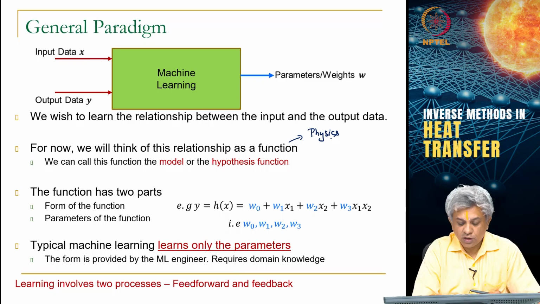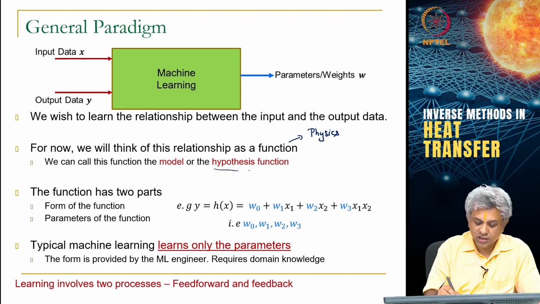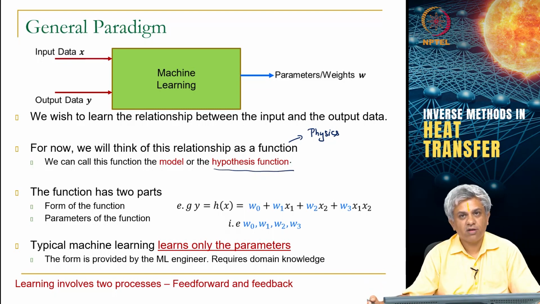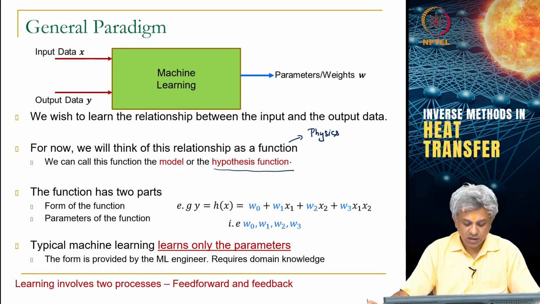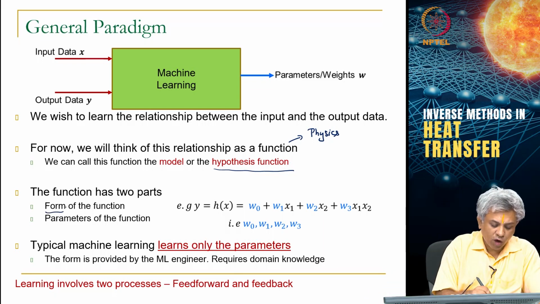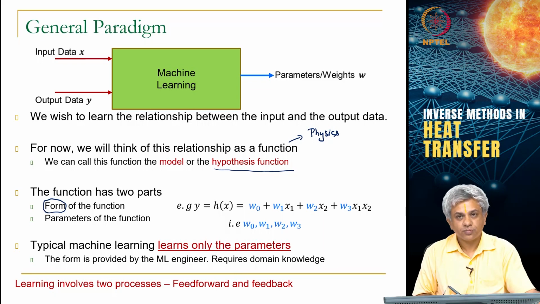So, that is why we are going to just take a hypothesis. I called this the hypothesis earlier also, which is why we had h or y hat, etc. But any typical function has 2 parts. There is what we call the form of the function. What is the form of the function?